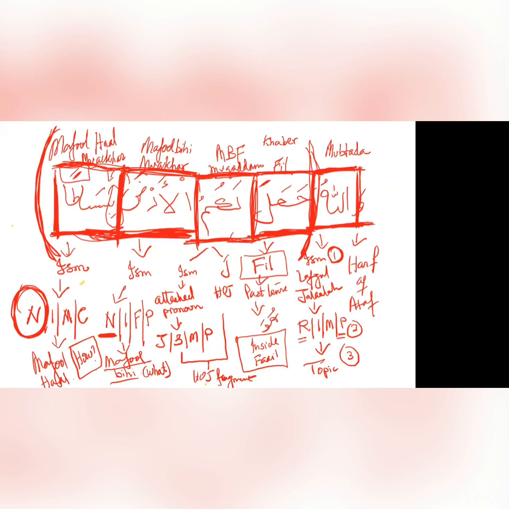No. How can it be mutaliq bil fail? Because mutaliq bil fail can only be a harf of jar fragment. Oh, true. In jumla fi'liya, the mutaliq bil fail is only a harf of jar fragment.